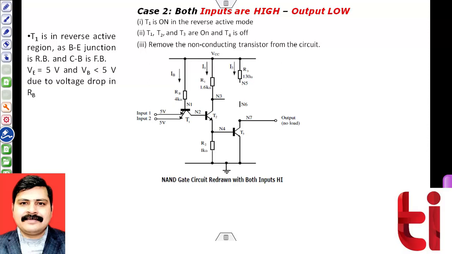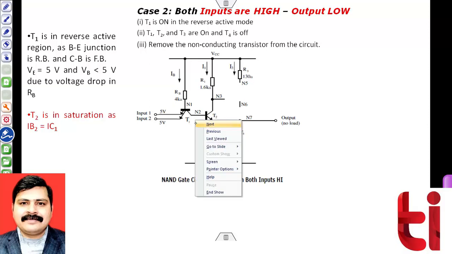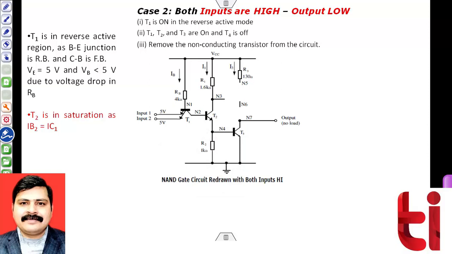is forward biased. Okay, so the next part, just because of this reverse active region, the direction of current is reverse. That means the collector current of transistor T1, IC1, this direction is reverse.